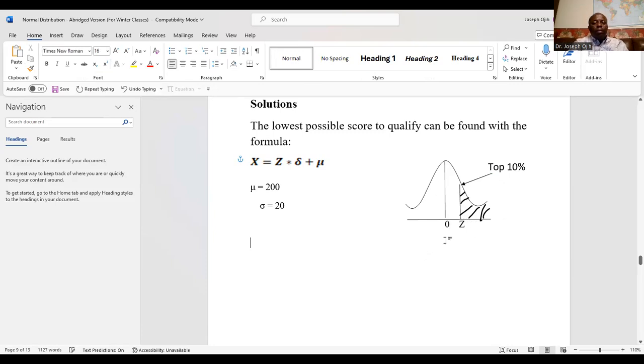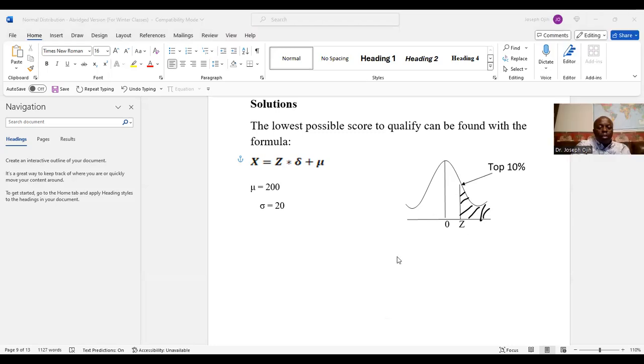See? Now we want to find it, we're gonna use this formula, but we need to find this Z first. Top 10% means that the rest is 90% from below. So our Z is going to be here.